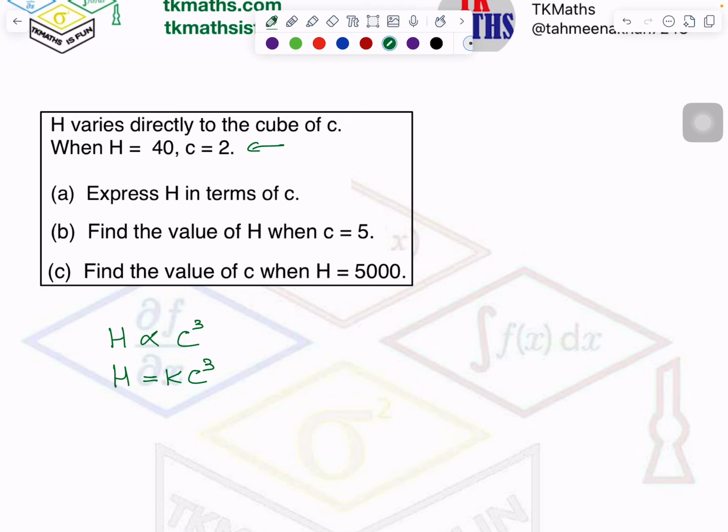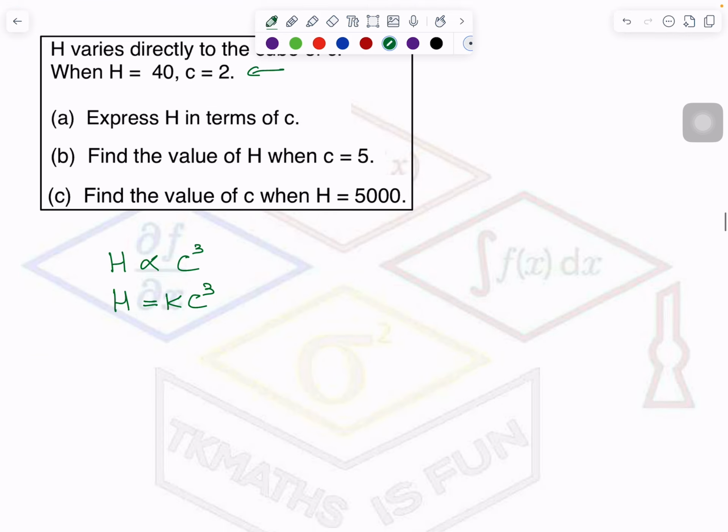Again, the value of H and C is given to you so that you can find the value of K. So when H is 40, I have to calculate K. C is 2 and it is cube. So 2 cube means 2 into 2 into 2, which is 8. So 40 divided by 8 equals K. So 8 times 5 is 40.